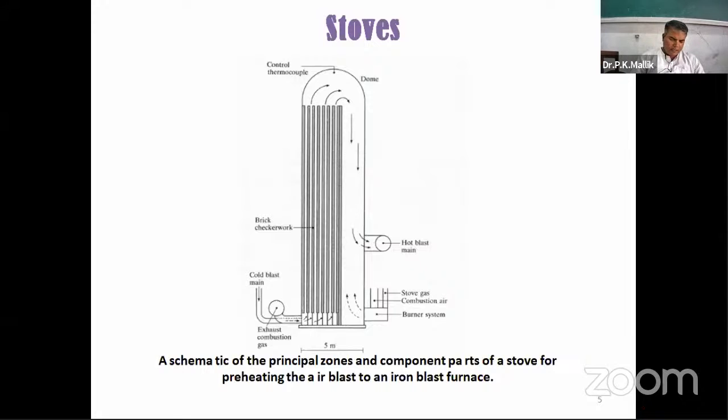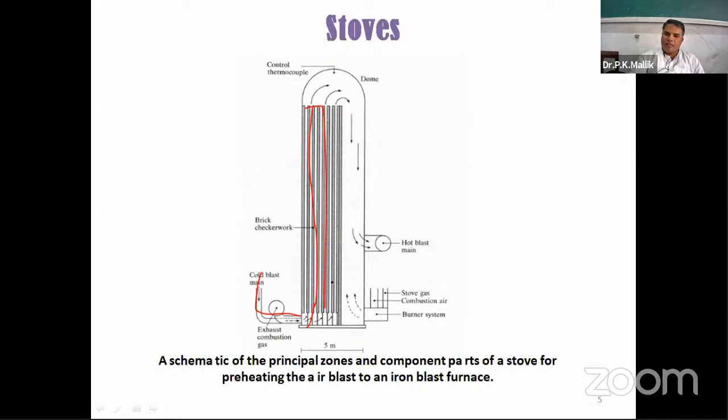This is done by passing the cold air blast over the hot preheated brickwork or checker work at about 1500 Kelvin in the blast furnace stove. Since the cold air gradually extracts the stored heat, a separate heating process is needed. Here the cold air enters the stoves, and these are the checker work, where you store the heat from the blast furnace gas.